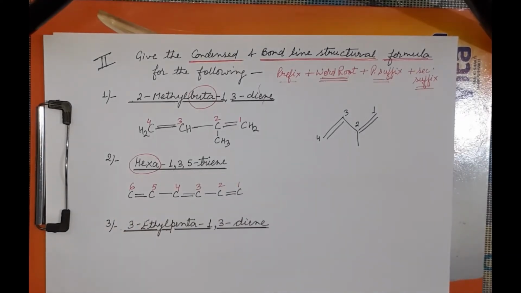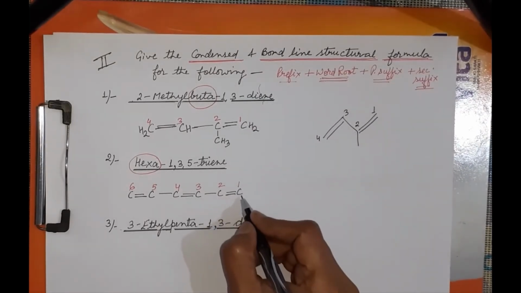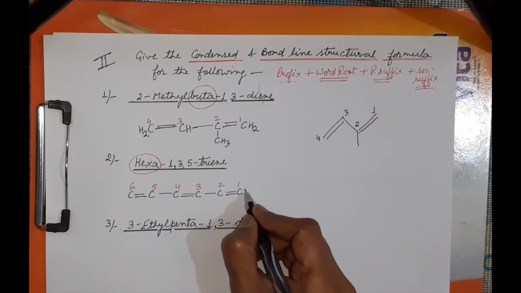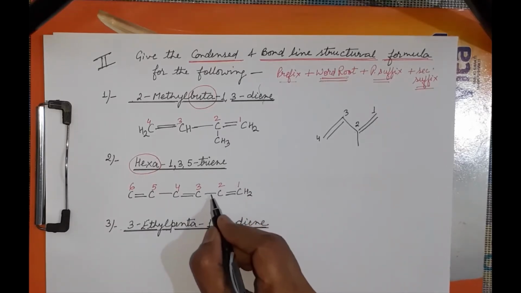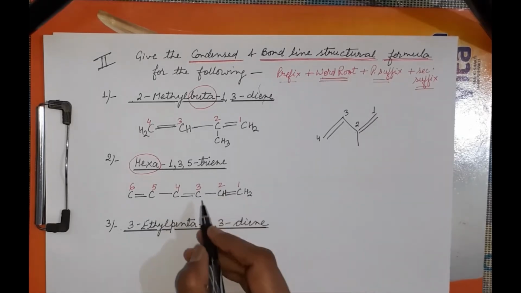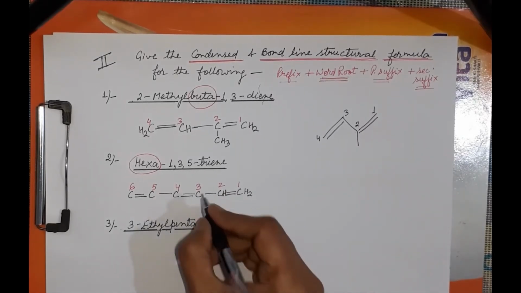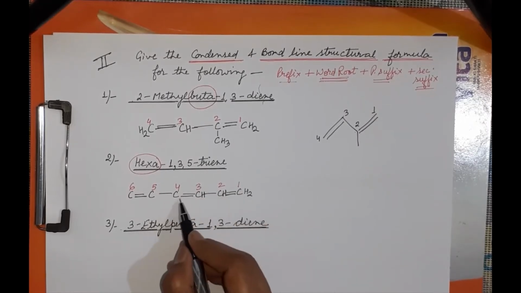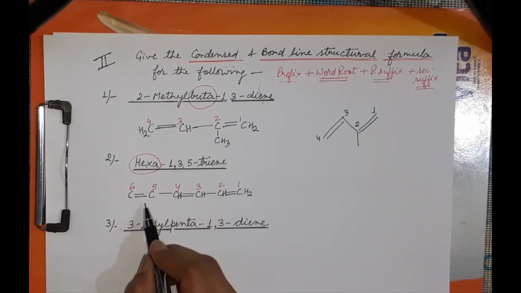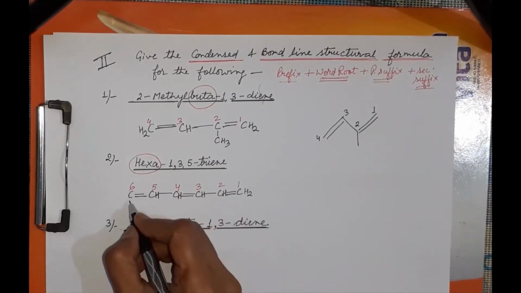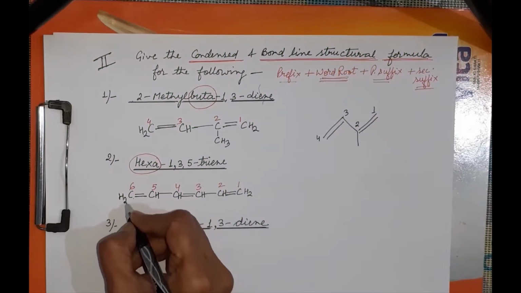Now we can write the hydrogen atoms and how we are going to write it. So let's see. This carbon having 1 double bond, so this will be CH2. This C2, 1 double bond, 1 single bond, this will be CH. C3, 1 double bond, 1 single bond, CH. C4, 1 double bond, 1 single bond, this will also be CH. Here also it is same, and for C6 it will be CH2.